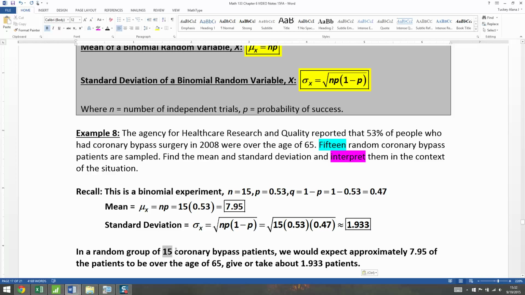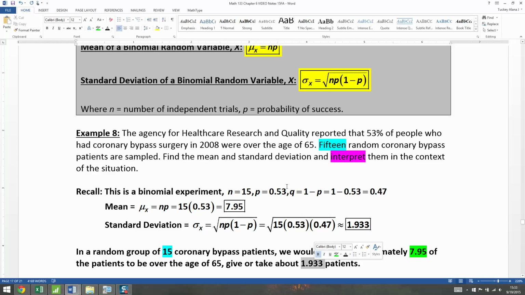I cannot stress enough how important it is to actually put your number in. You can't just say the give or take part and the mean. You actually have to talk about n. So n has to be part of the statement. And then n times p, which is the mean of x, has to be in there. There's your 7.95. And then give or take your standard deviation.